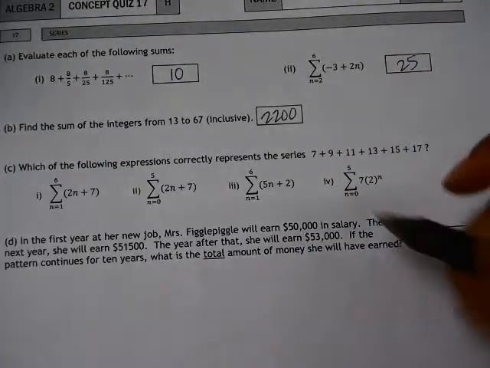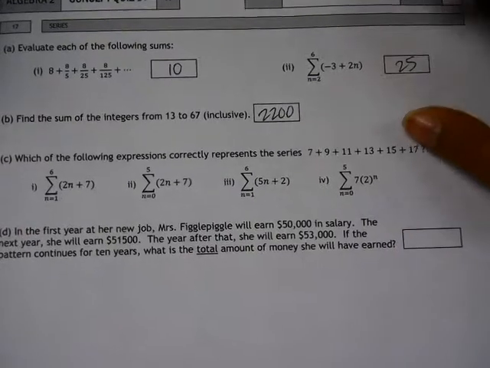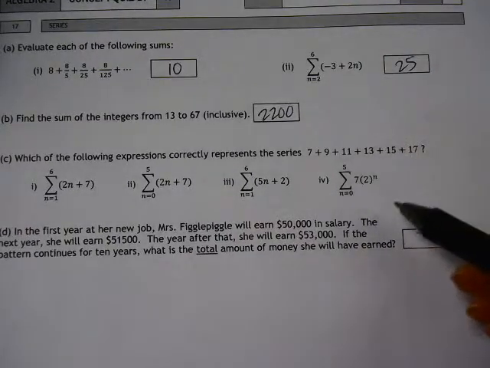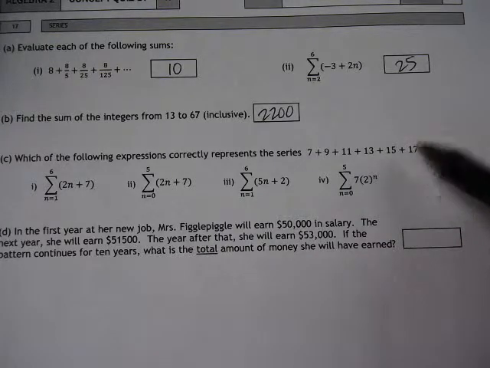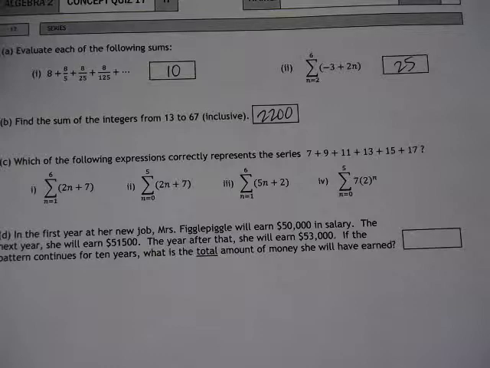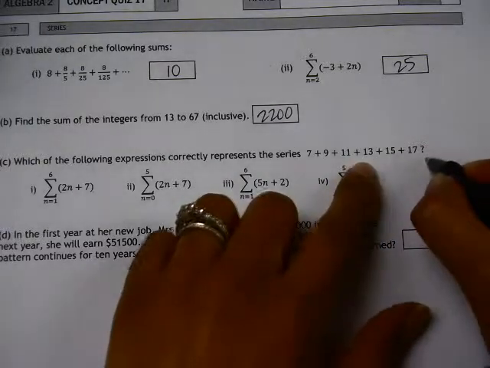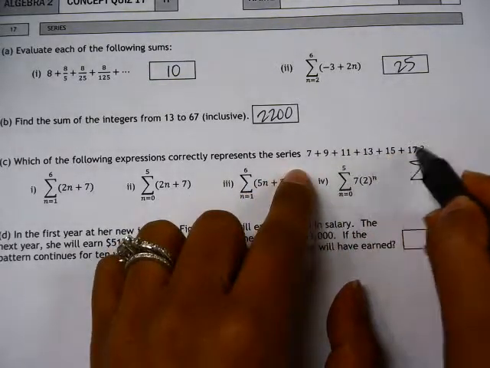Okay, part C right here, which of the following expressions represents this series? So we could just work backwards here, or you can just start from scratch and write that in sigma notation. Either way would work. So in this case, if you just try to write sigma notation for this series, we know that we have 1, 2, 3, 4, 5, 6 terms.